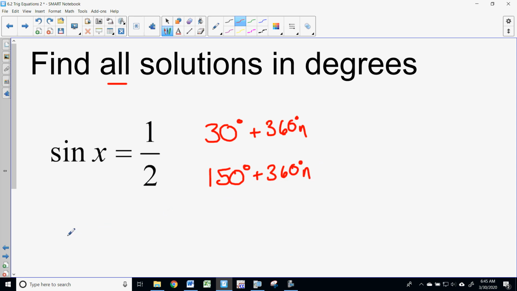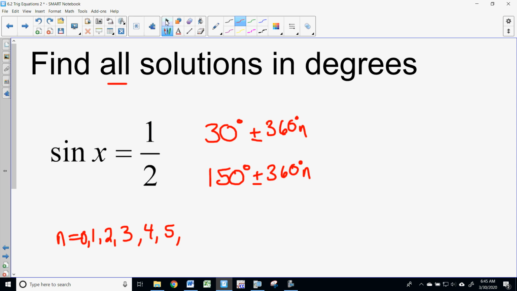And if you remember, just like when we did this before, this n, like we did with sequences, is just going to be our integers, starting with 0.